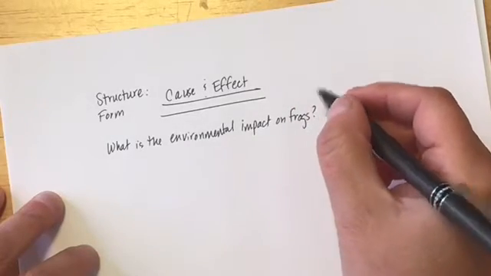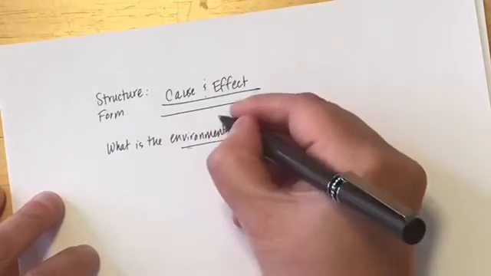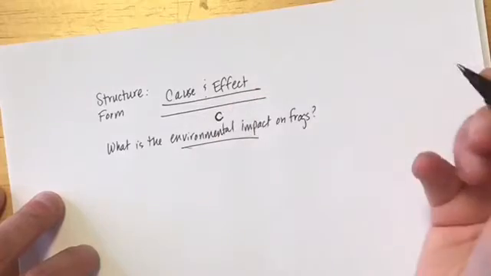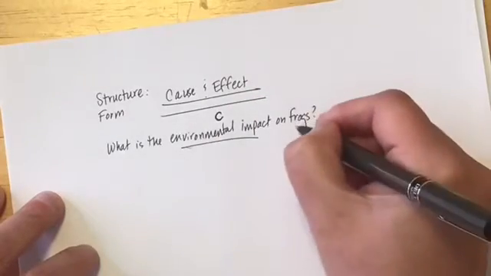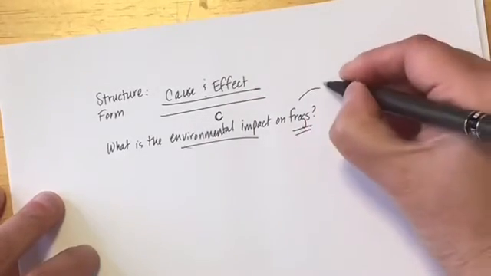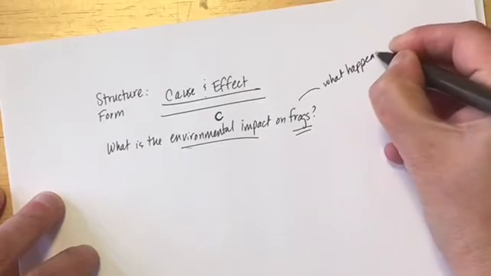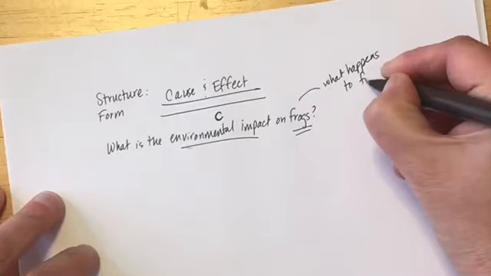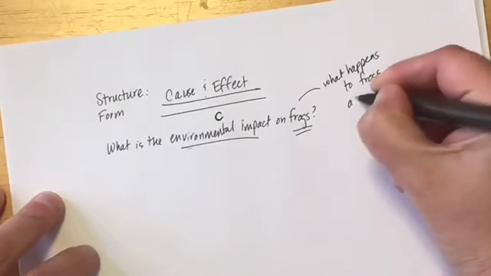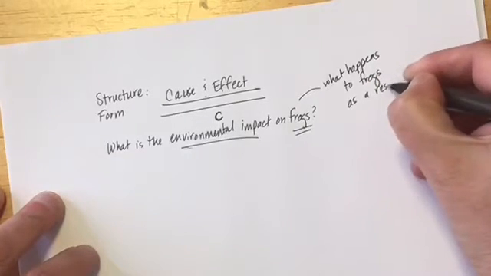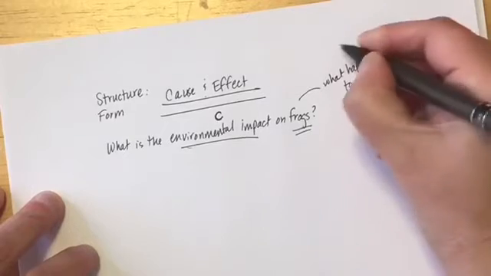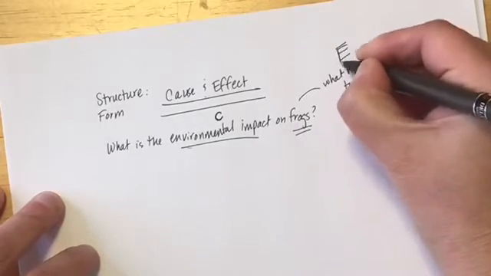So the cause is the environmental impact. I'm going to put C up here. And the effect is what happens to frogs as a result. So this is the effect.